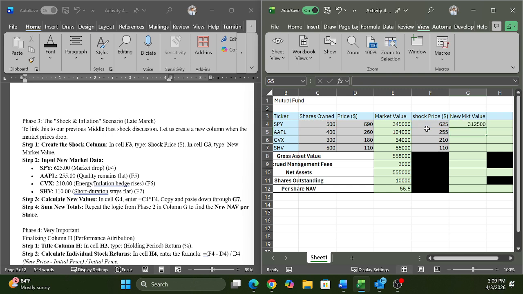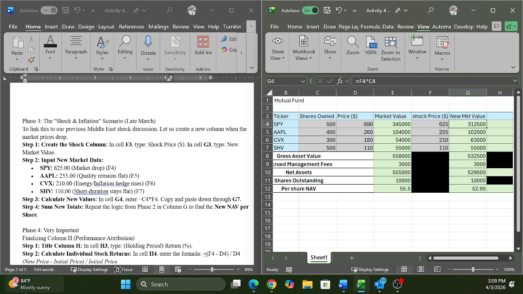There you go. F4 times C4. And then Control D, Control D, Control D. All we do is copy that and paste that. So copy the formula from E8, 9, 10, 11, 12, paste it here. That's the end of phase three.